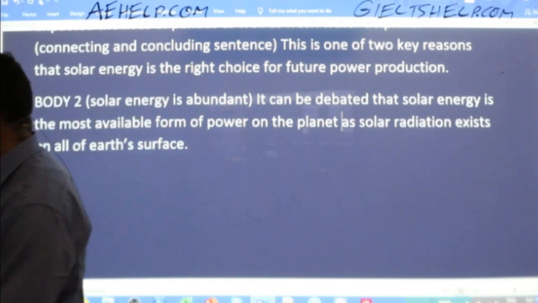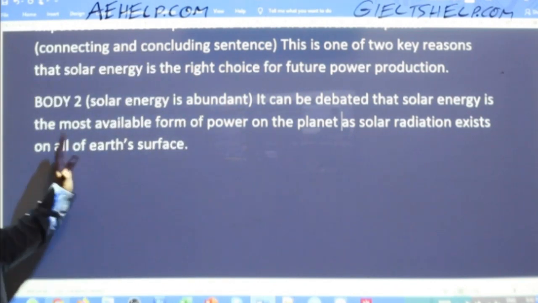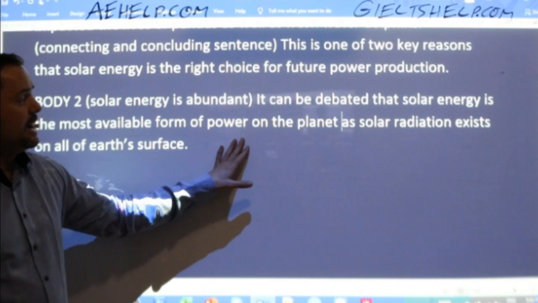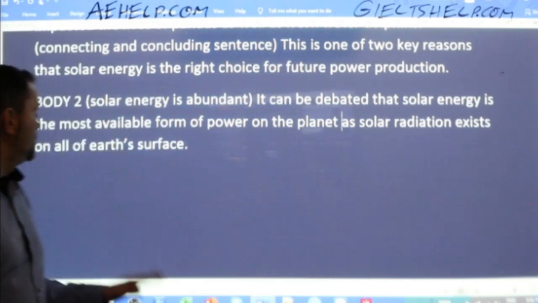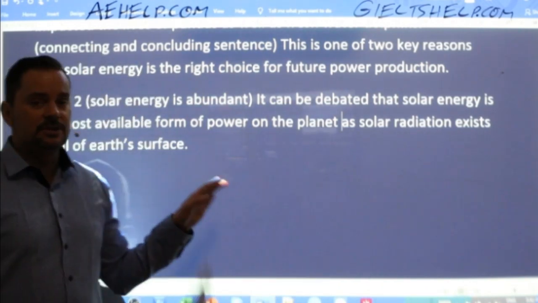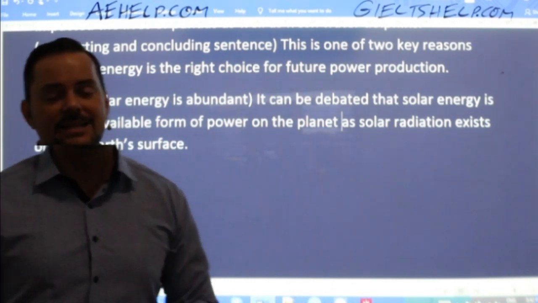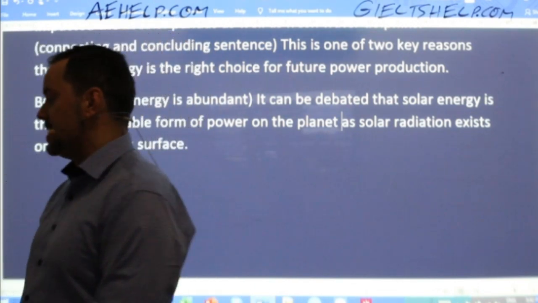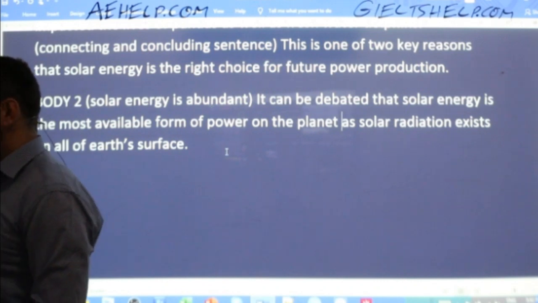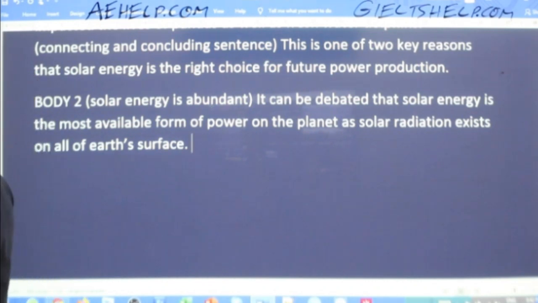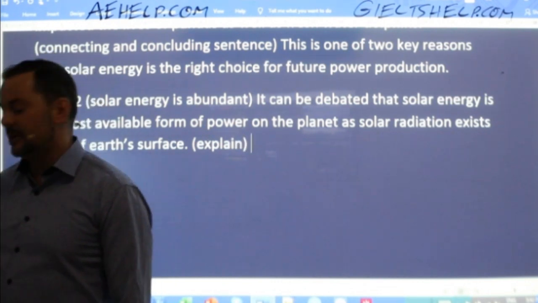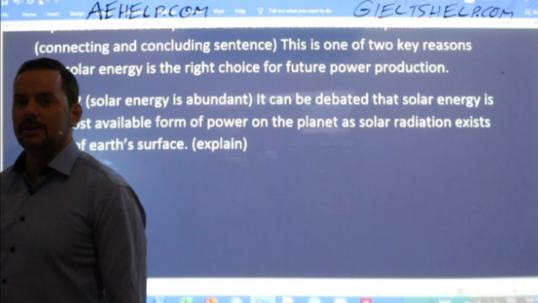Okay, so it can be debated that solar energy is the most available form of power on the planet, as solar radiation exists on all of Earth's surface. Just imagine what would happen to plants and life if we didn't have that incredible power coming from the sun. All right, so explain that to me. What do you mean? Give me a nice, clear explanation of this.